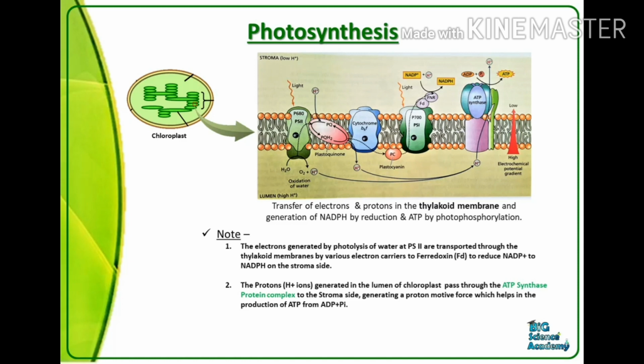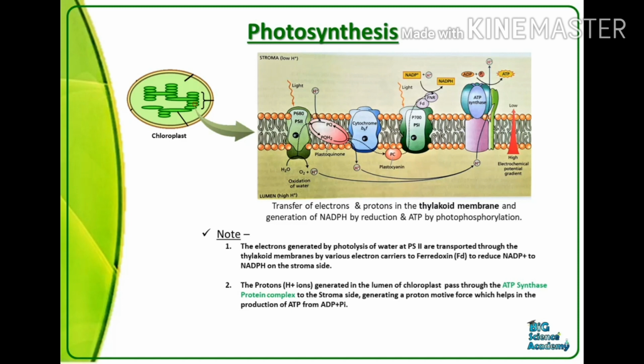Here we can see that the electrons generated by photolysis of water at PS2 are transported through the thylakoid membranes by various electron carriers to ferredoxin to reduce NADP plus to NADPH on the stroma side with the help of the enzyme FNR or ferredoxin NADP reductase.